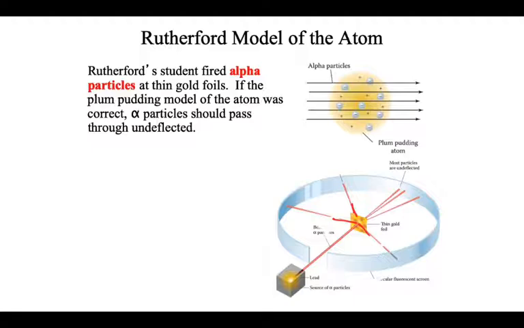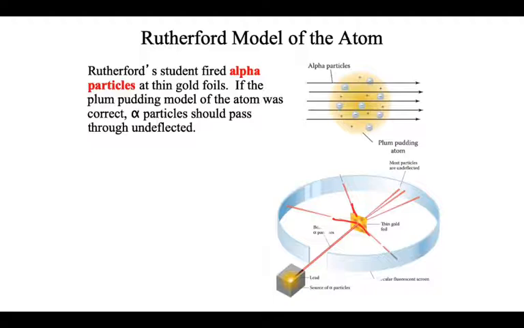Thomson's model can't be valid because that particle bounced. If there's nothing there, it shouldn't bounce. That's kind of crazy. Right? So what does he conclude based on this? There's mass there somewhere. There has to be a mass there somewhere. Not only that, if it was a negative mass, what would have happened if that positively charged alpha particle hit it?